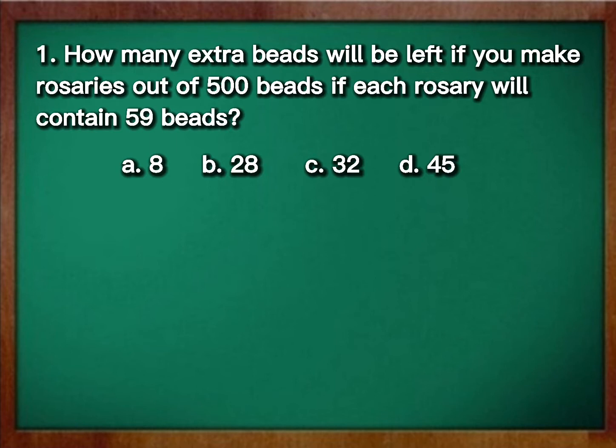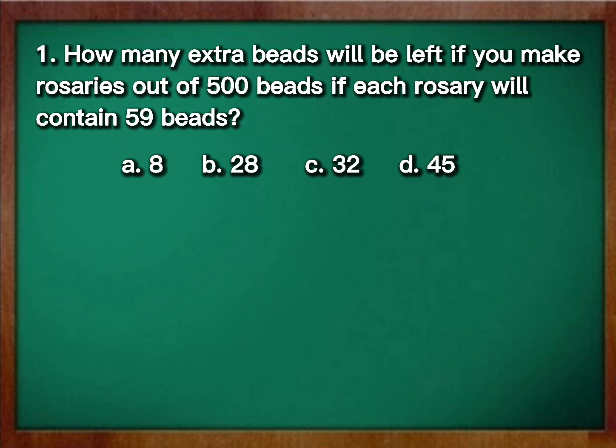To start, number 1. How many extra beads will be left if you make rosaries out of 500 beads if each rosary will contain 59 beads? To solve this problem, it's like grouping 500 individuals with 59 members in a group. And the last group that can't reach 59 members is the remainder.